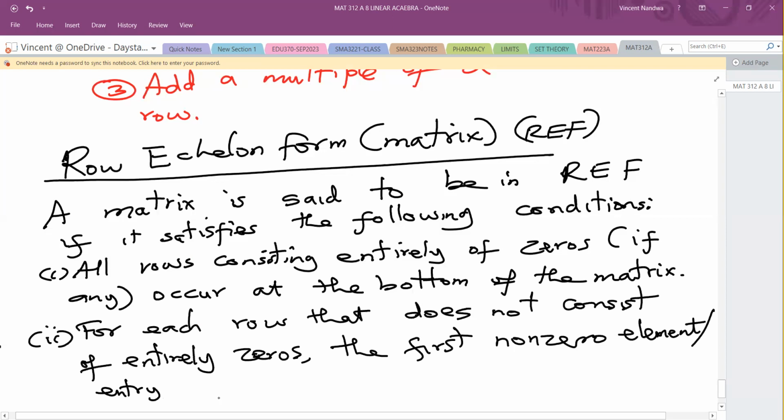Remember the term element or entry have the same meaning here. Is one called a leading one.